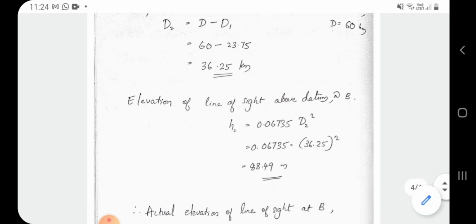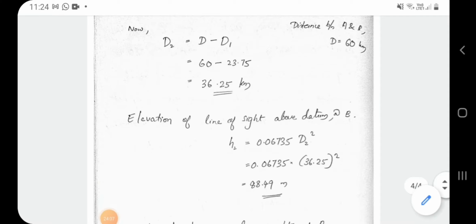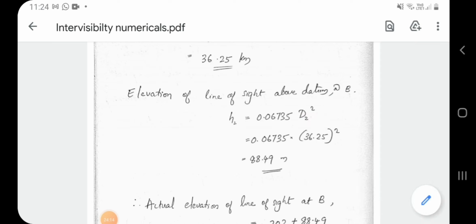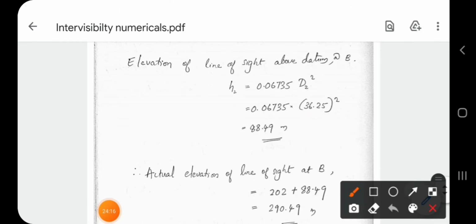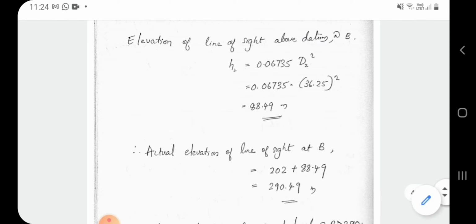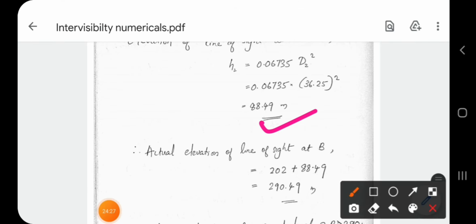So that is 36.25. Using this D2, we can find the elevation of line of sight above datum at B. So H2 will be equal to 0.06735 into D squared, that is 36.25 whole squared. We will get the result in meters.